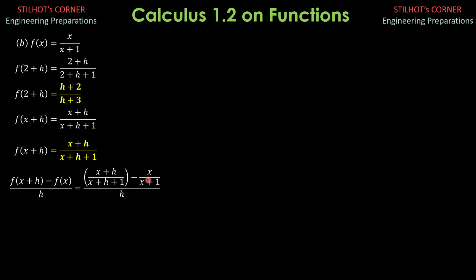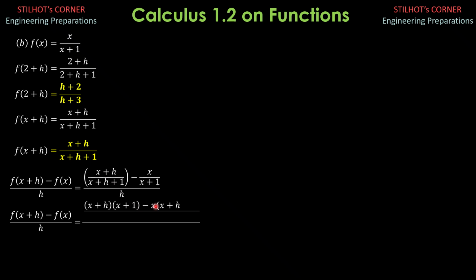So the LCD in the numerator is x plus h plus 1 times x plus 1. Then it is simplified into x plus h times x plus 1. Then minus x times quantity x plus h plus 1 all over x plus h plus 1 times x plus 1, which is the LCD, over h.